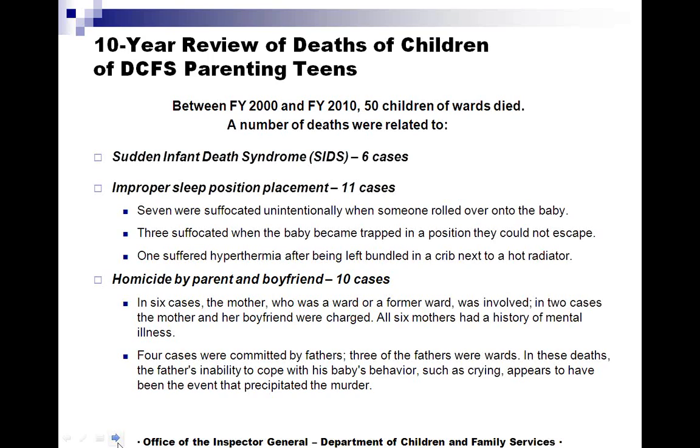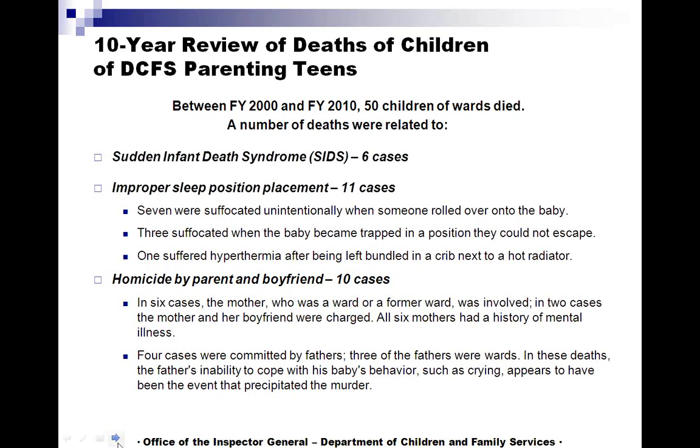But if you look at sudden infant death syndrome, which is natural, we had 6 cases of children of wards dying of SIDS. You could put them in the accidental category if it could have been prevented by way of the Back to Sleep campaign. If you add those two numbers together, we're close to 40% of the population where we could do preventive work with the parents on perhaps lowering infant mortality.